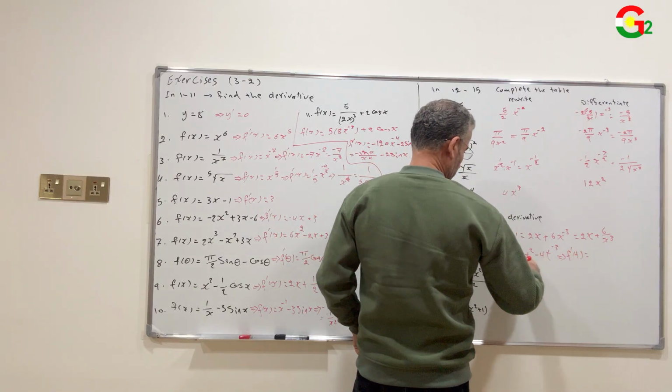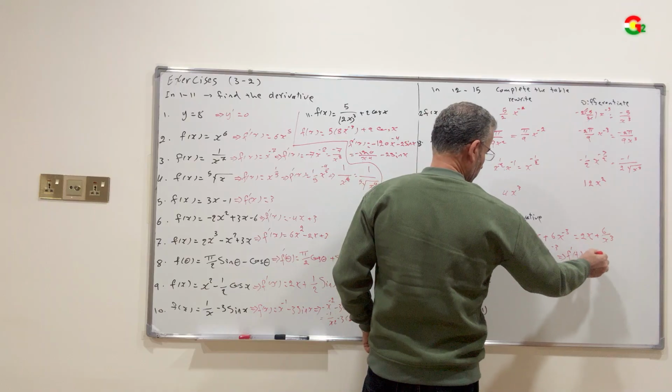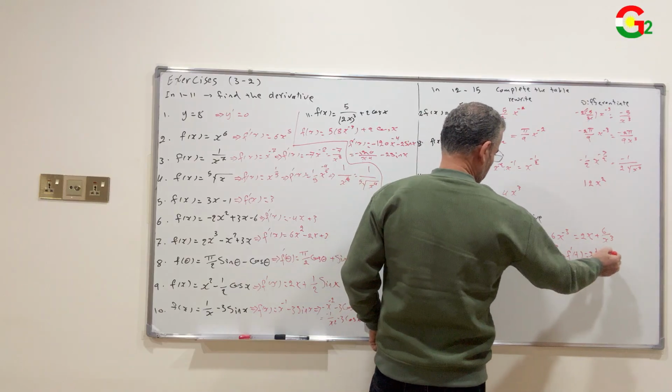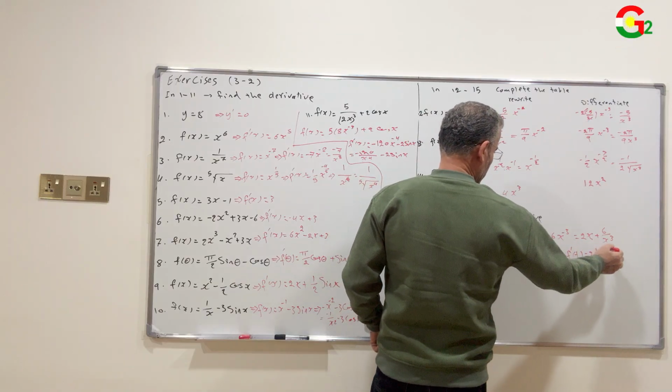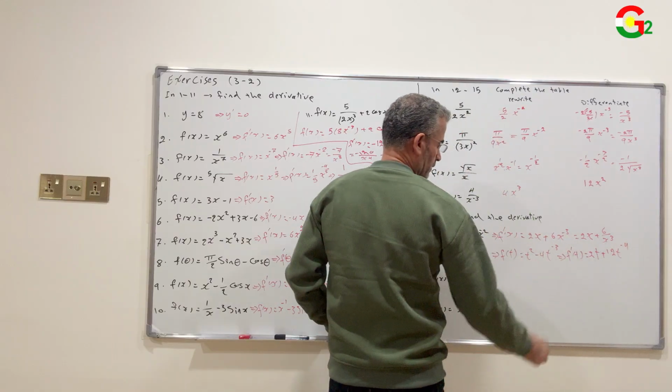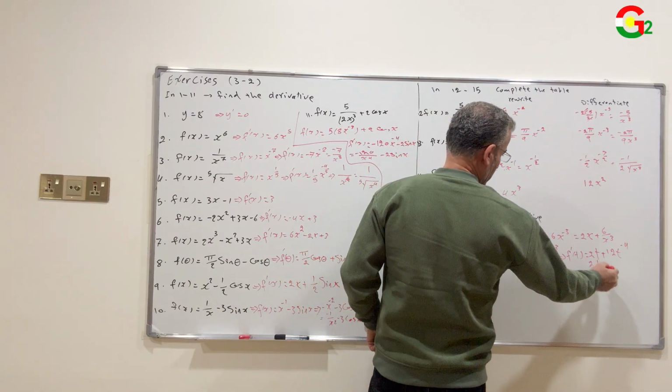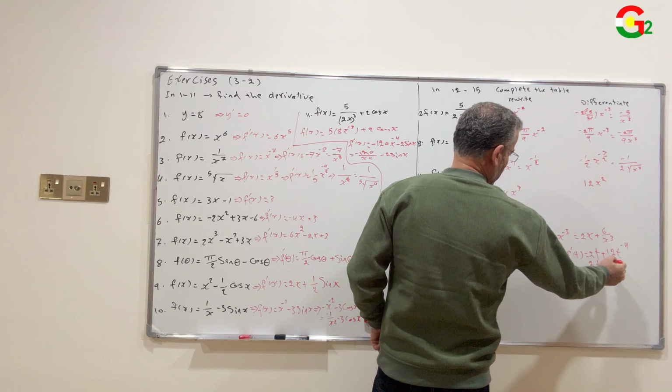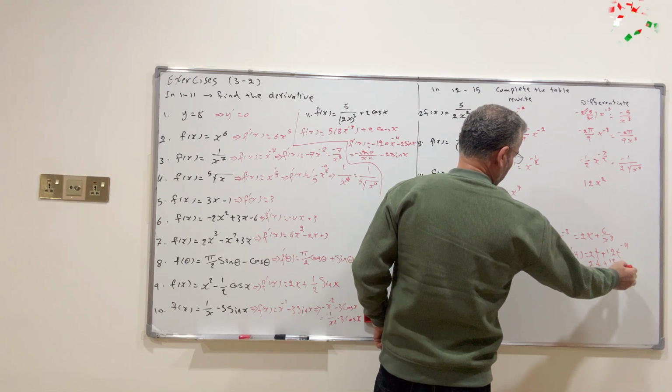It is easier: 2t plus 4 times 3, 12, t to the negative 4. Rewrite it as 2t plus 12 over t^4.